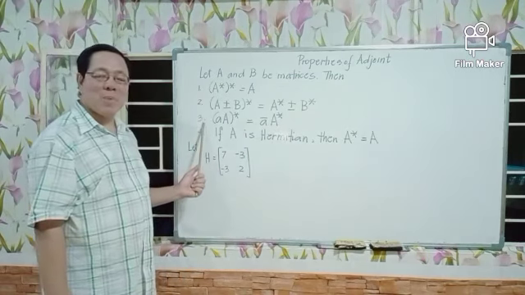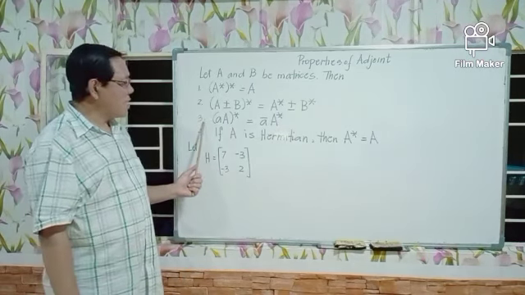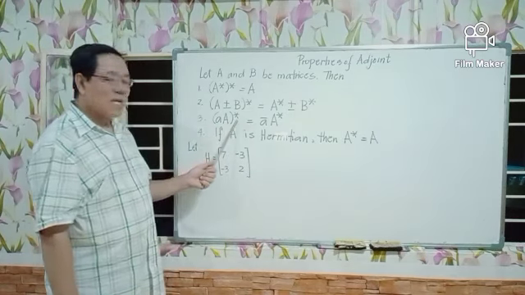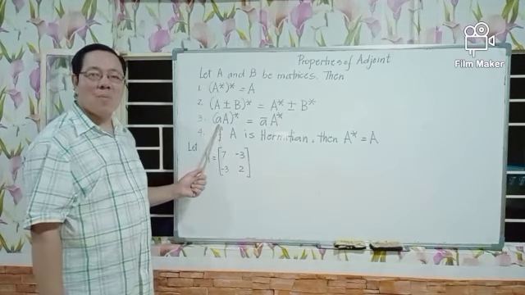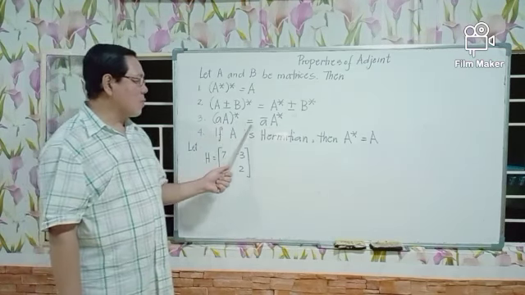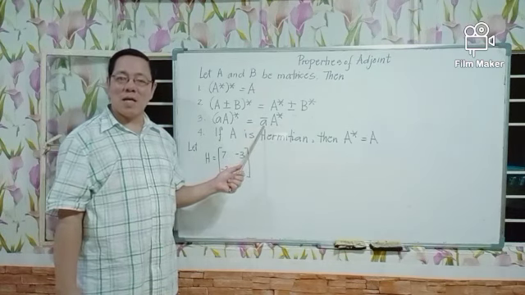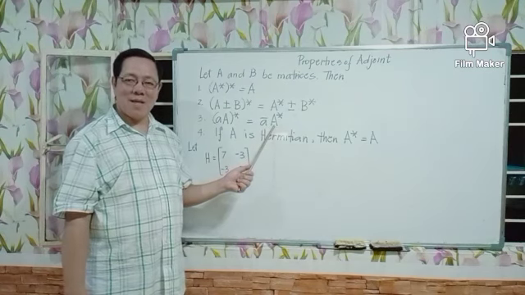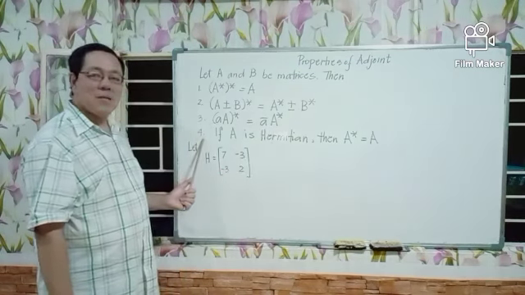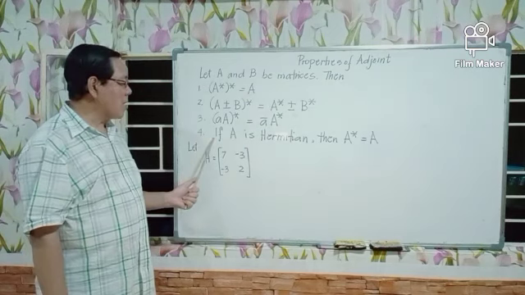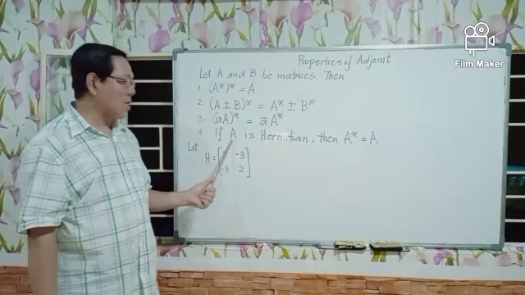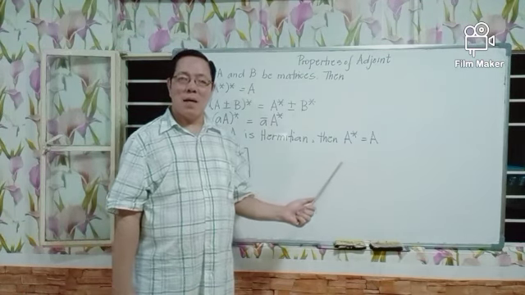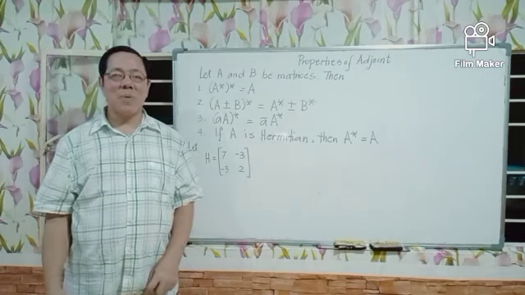And the third property of adjoint is not exactly similar to the property of matrix transpose. The adjoint of the scalar product of scalar a and matrix A is equal to the complex conjugate of the scalar a times the adjoint of matrix A. And the fourth property of adjoint, if matrix A is a Hermitian matrix, then the adjoint of A is equal to A. And there is a similar property for transpose.